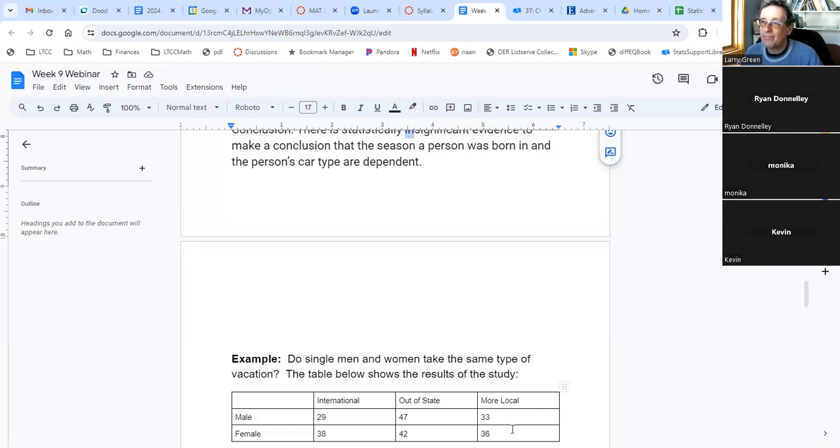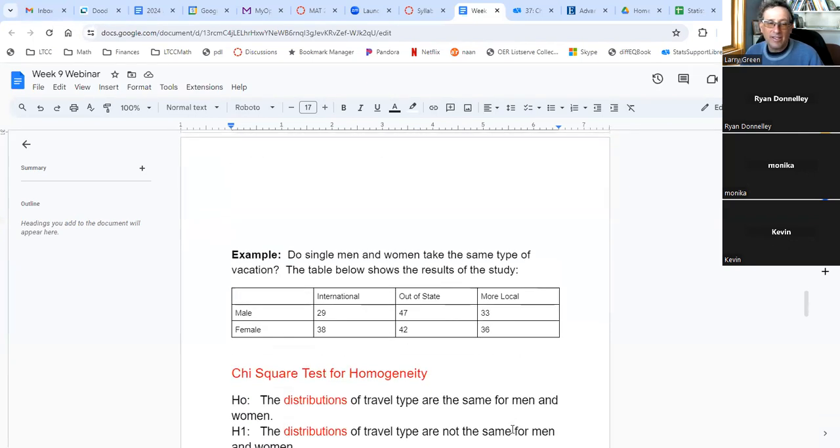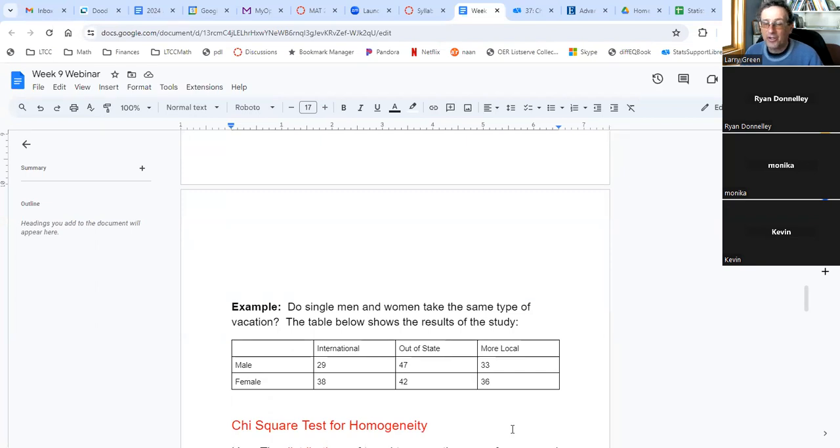Is that clear? So the name for the test we're going to use is called the chi-squared test for homogeneity. Okay. When you think of the word homogeneous, what do you think of? You might have heard it from homogenized milk, by the way.